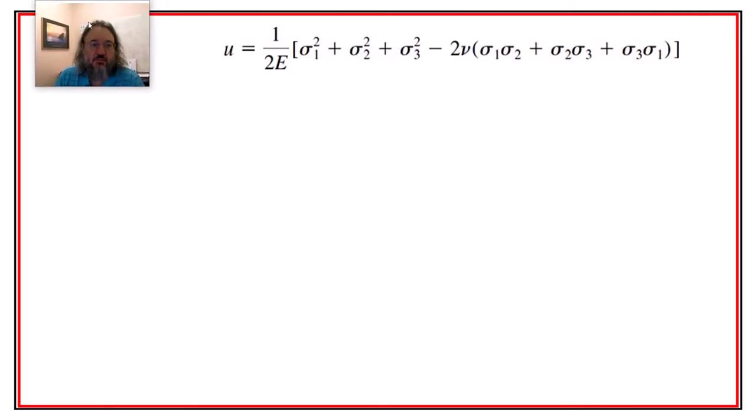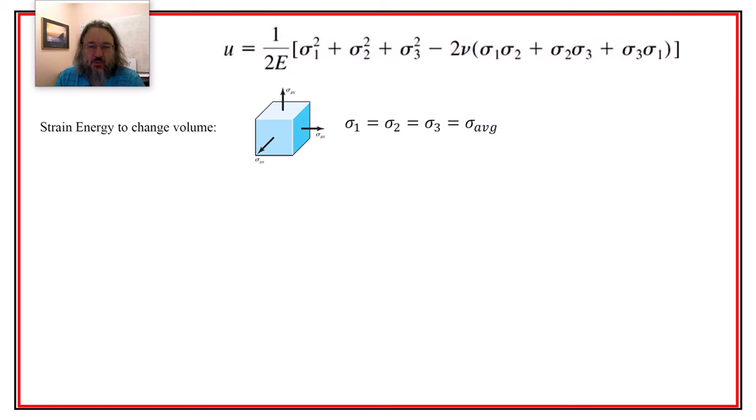All right, so move my big head out of the way. Now, this is just repeating that equation from the previous slide. Now let's say, this is a generic formula for strain energy. What would it be if you only had the average part, right? Well, then we would take all three of the stresses and set it equal to the average stress.